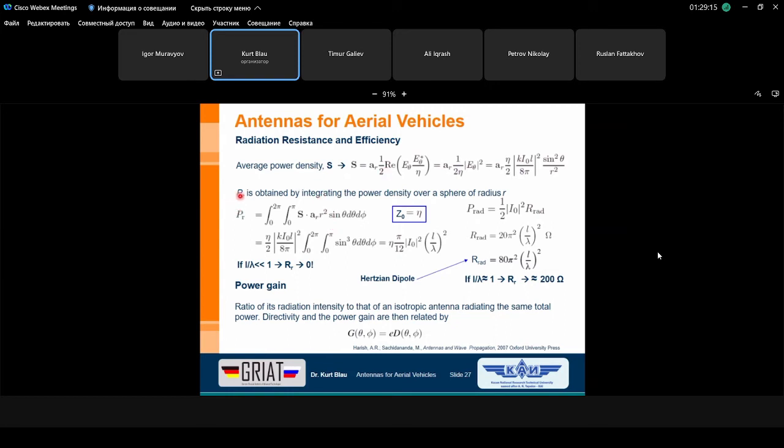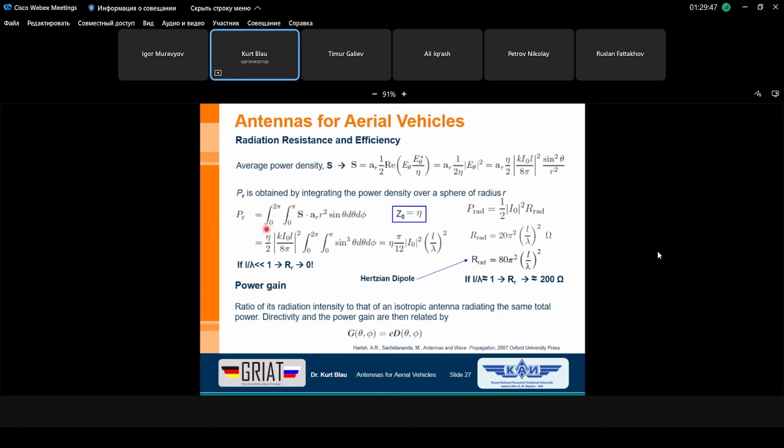Now how can we develop the radiation resistance? The radiated power we can obtain by integrating the power density over the sphere of radius r. That means we want to know the power which goes through the surface of this sphere, determined by the radius of our observation point. This is given with this formula.